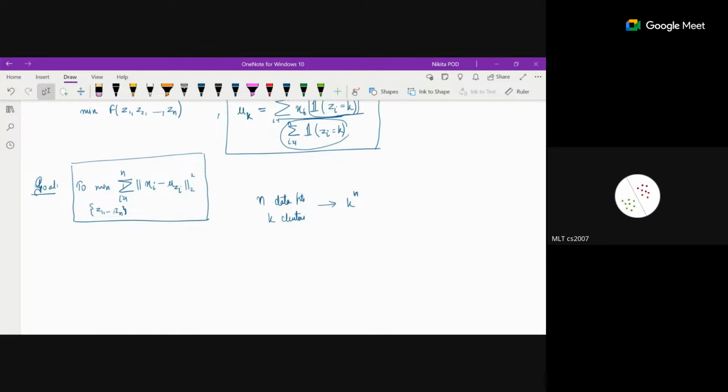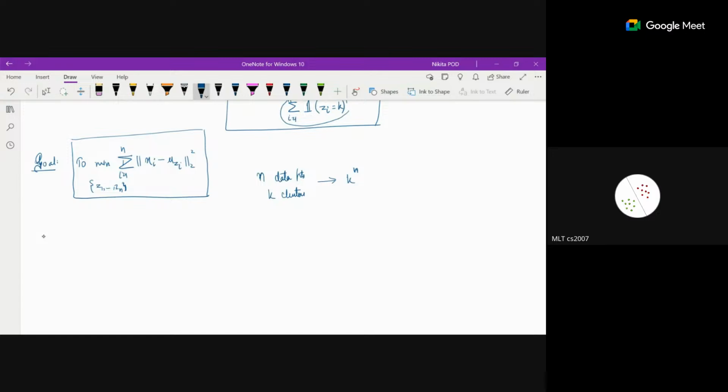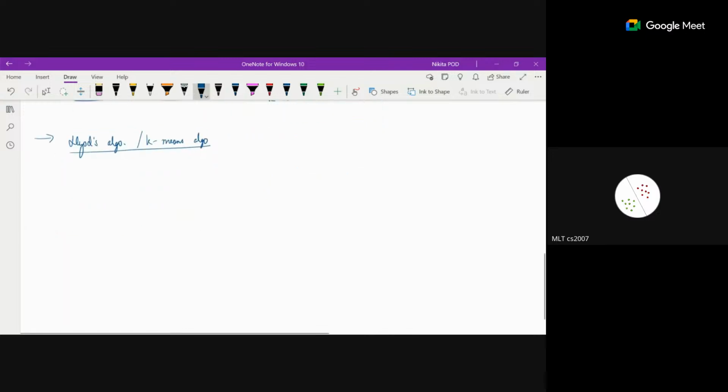So the alternative method provided to deal with this NP-hardness is Lloyd's algorithm, which is also called the k-means algorithm. In Lloyd's algorithm, you have basically two steps.